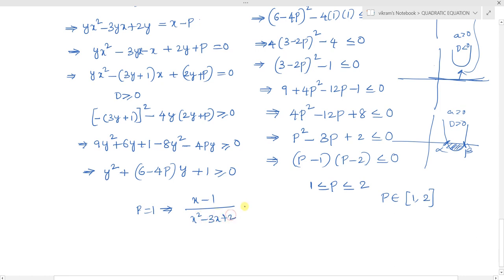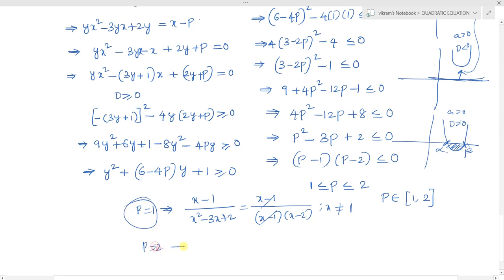Now x square minus 3x plus 2 is nothing but (x minus 1) into (x minus 2). So here the numerator and denominator have a common factor, that means x is not equal to 1. So p equal to 1 is not in our solution.